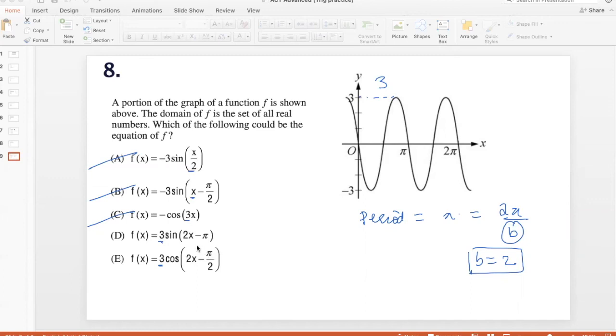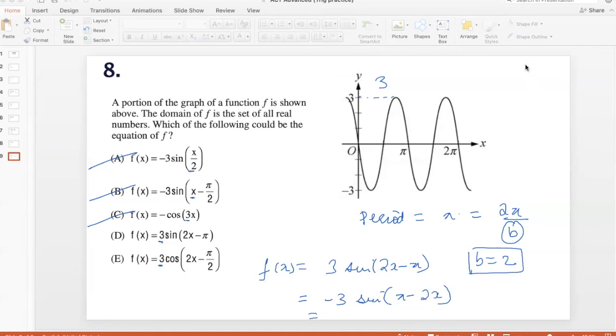Now, since sine is an odd function, I can write f of x, 3 sine (2x minus pi), as minus 3 sine (pi minus 2x), because sine of negative a would be minus sine a, right?